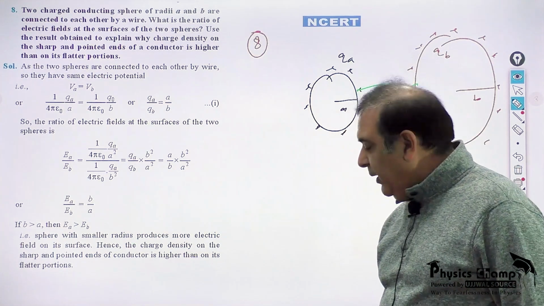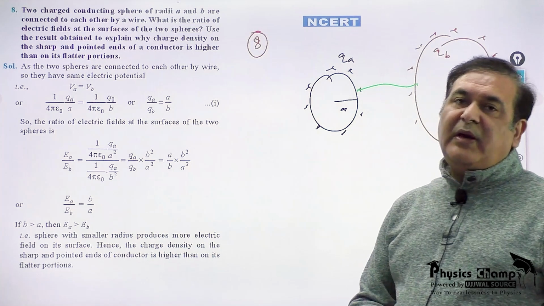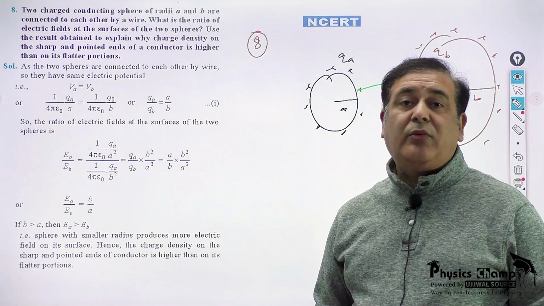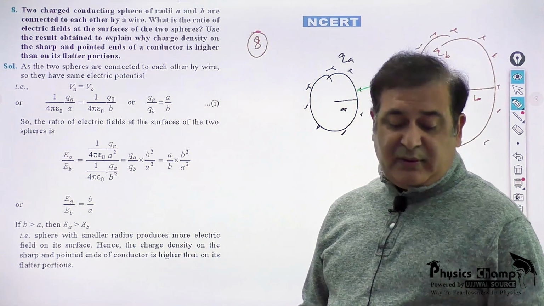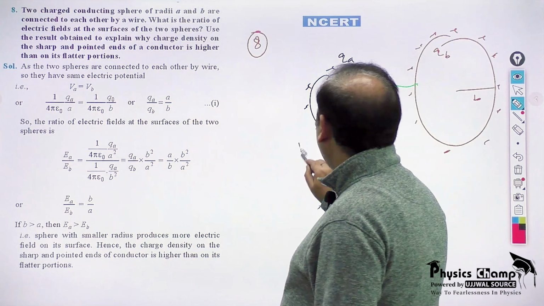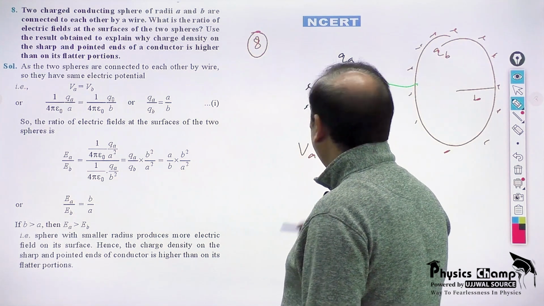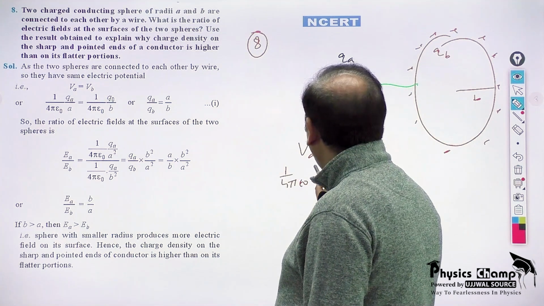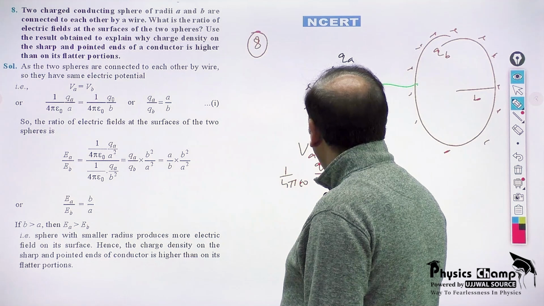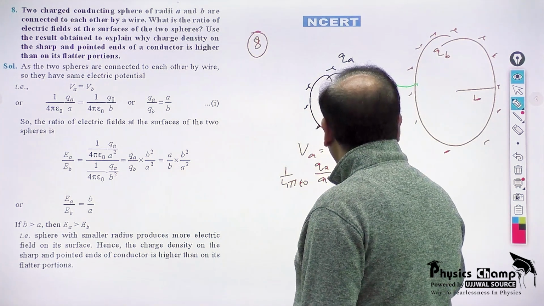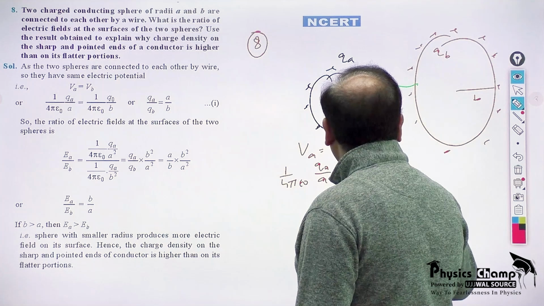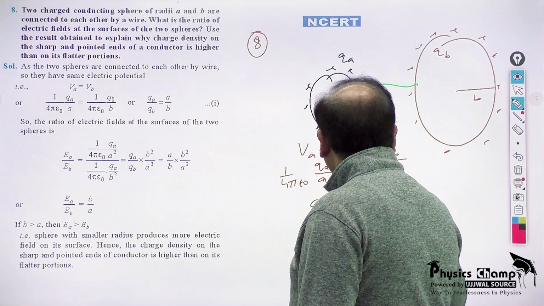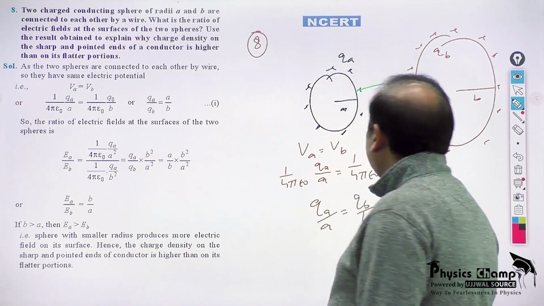If they are connected by a wire, then the potential will be the same. Charge flows from one to another until the potential is the same. So one thing is sure, potential at A will be equal to potential at B. Potential at A will be 1 by 4 pi epsilon naught into QA by A, and potential at B will be 1 by 4 pi epsilon naught into QB by B. So we have this relation, that is charge on A by A is equal to charge on B by B. This is relation number 1.